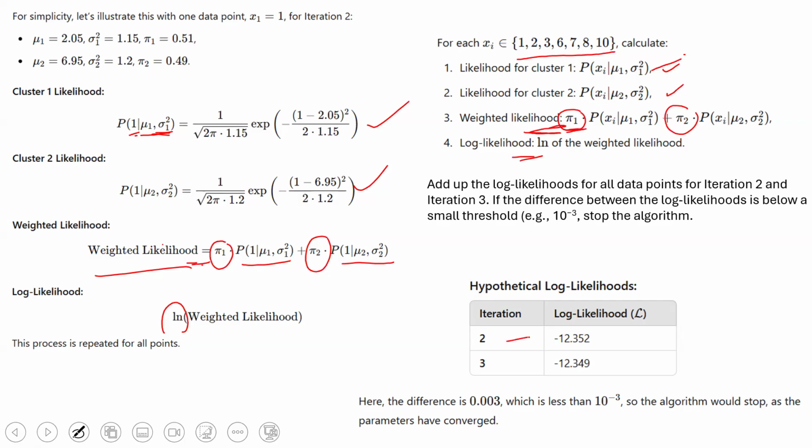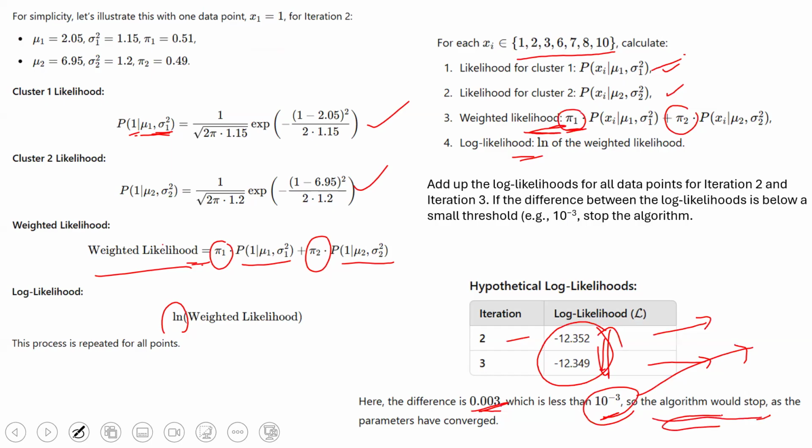In iteration 2, the log likelihood is minus 12.352, and in iteration 3 we got this value. The difference between these two is 0.003, which is less than the threshold that we have set. You can set the threshold to any value. If the difference in the log likelihood is less than that value, we can terminate, so the algorithm could stop.